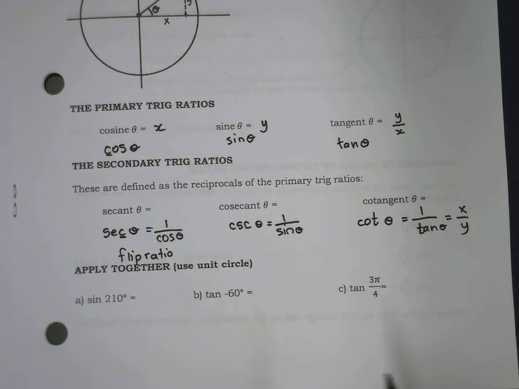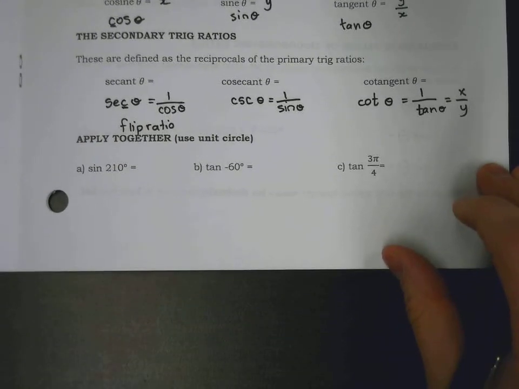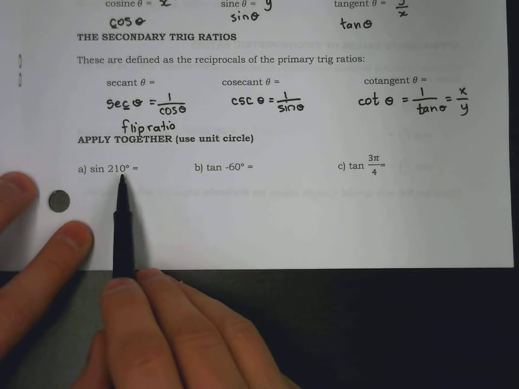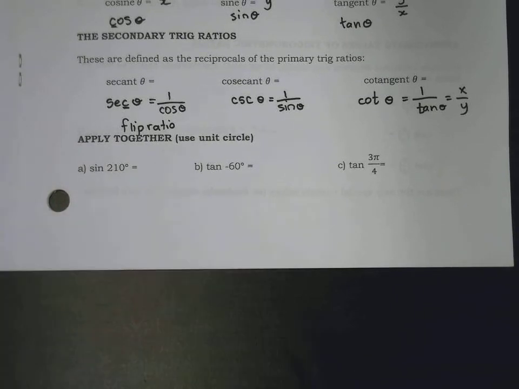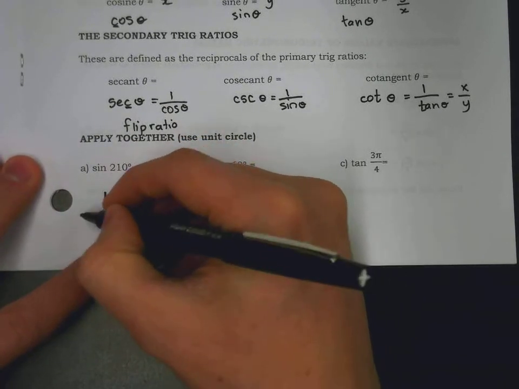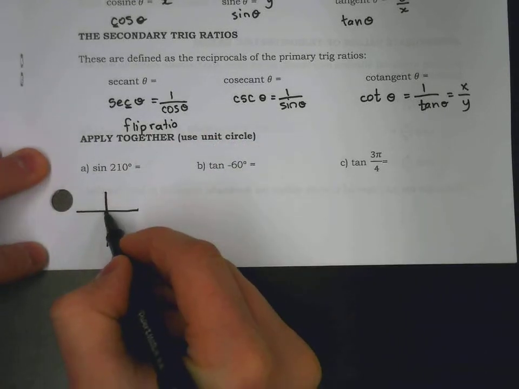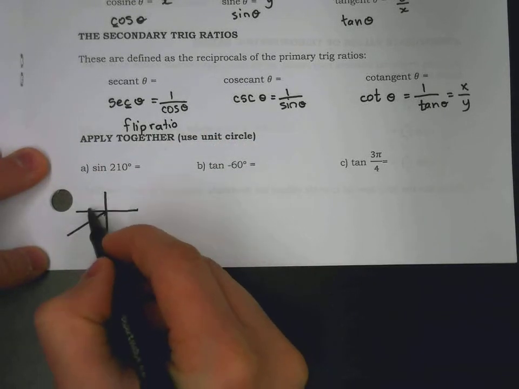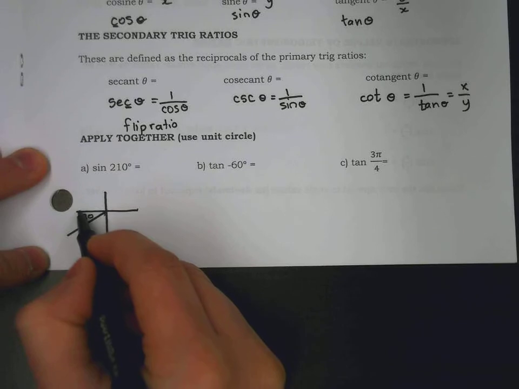So questions that we come across on the unit circle are things like, what is sine of 210? With sine of 210, we're being asked to go to the unit circle and try to think as best we can without a unit circle what our reference angle is. In this case, it's 30 degrees.